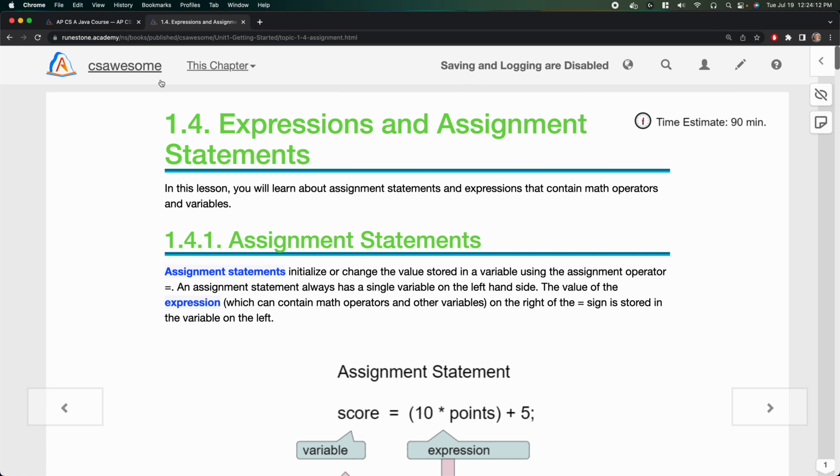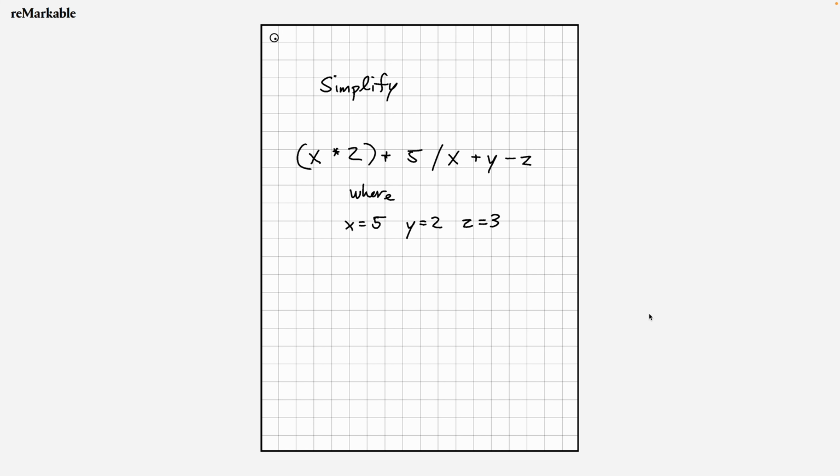CSA Chapter 1.4. So here's the textbook page. But first, let's do a little math. I just want to convince you that one of the most important concepts in doing programming and doing Java in this class, any sort of programming, is looking at expressions and dealing with expressions and writing expressions and simplifying expressions.